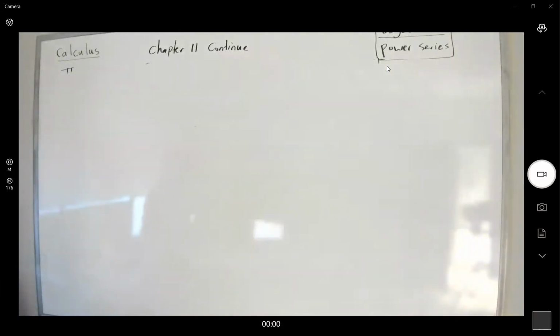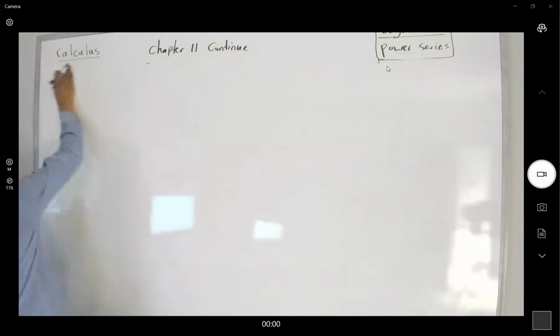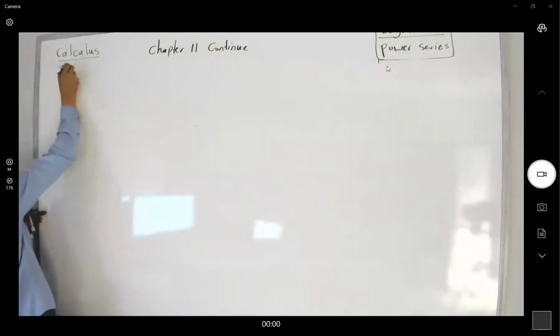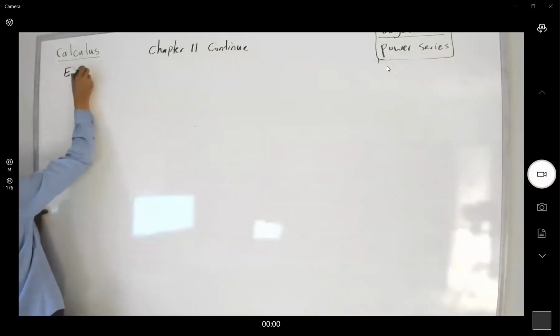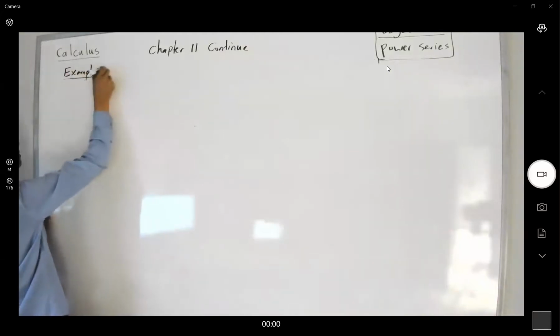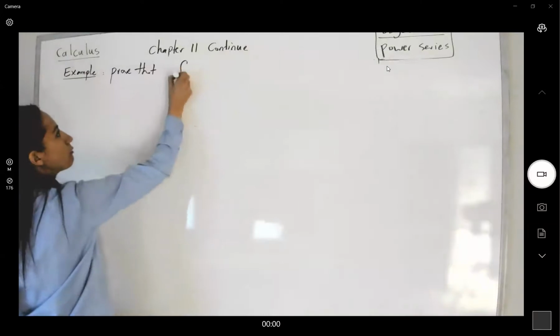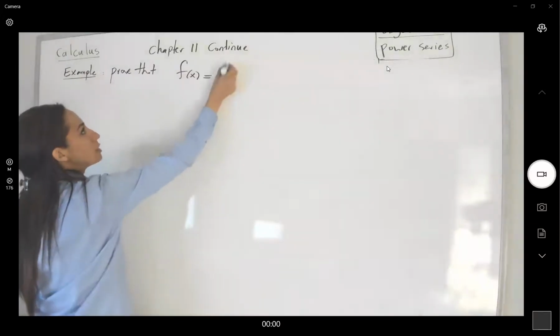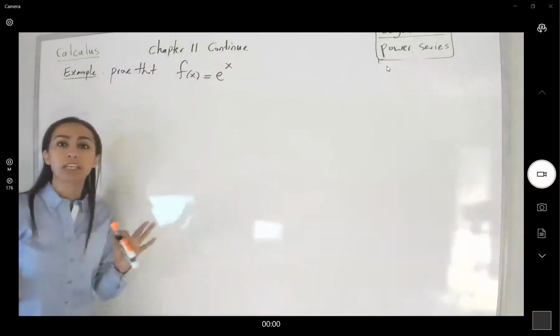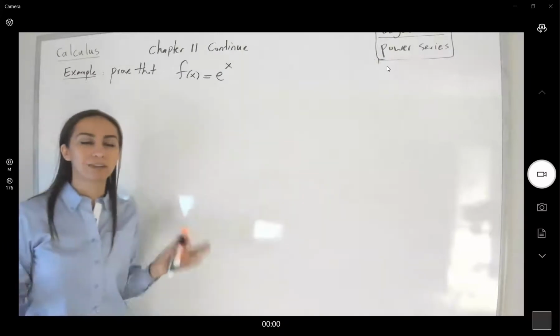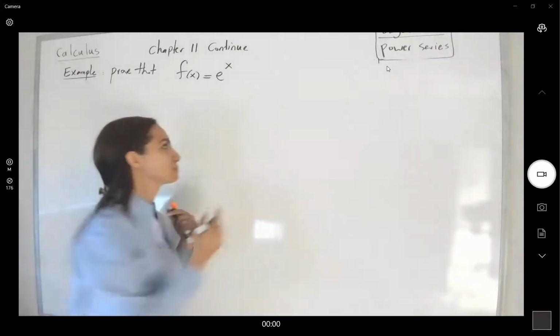Example. This guy says, prove that the function f of x equals e to the x is equal to its Maclaurin series.